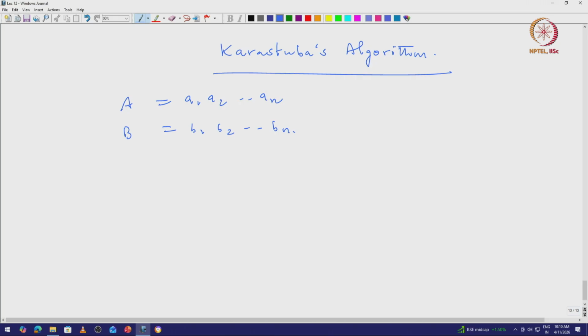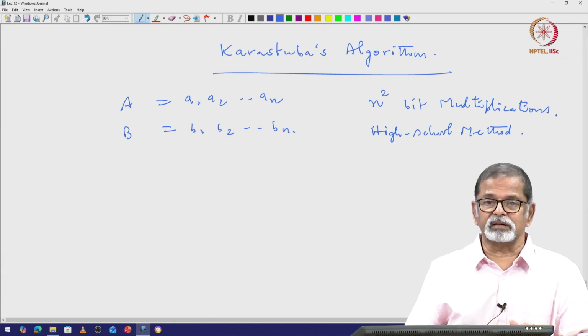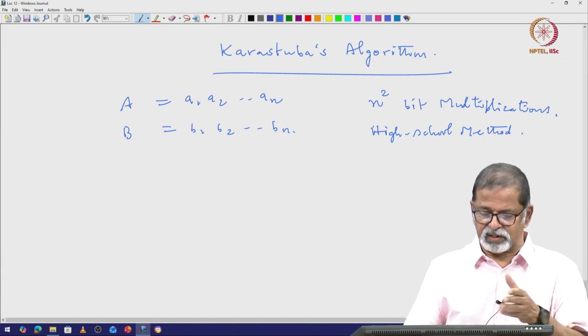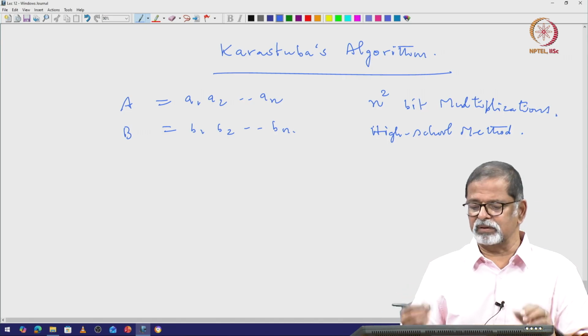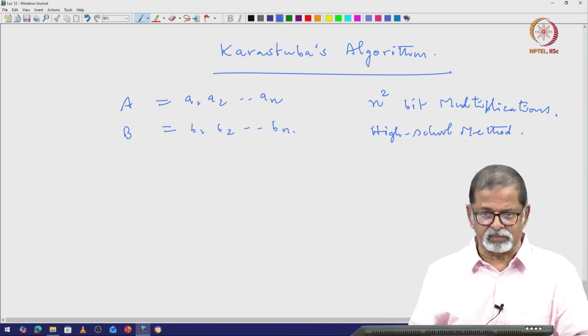The naive way involves n square bit multiplications, and this naive method is also known as the high school method. In school we simply multiply digit by digit, same here bit by bit. When you multiply you require n square bit multiplications.